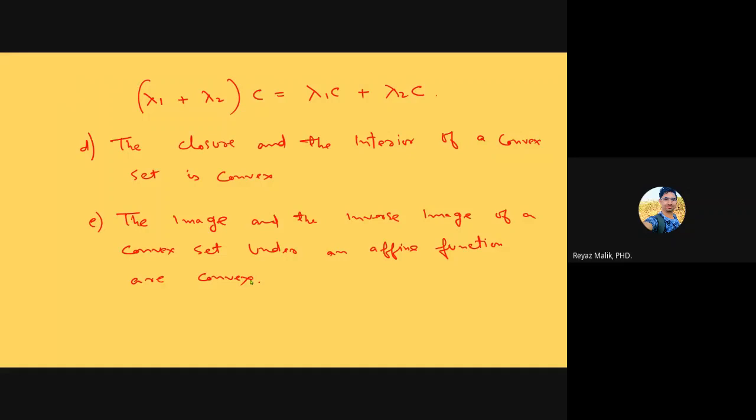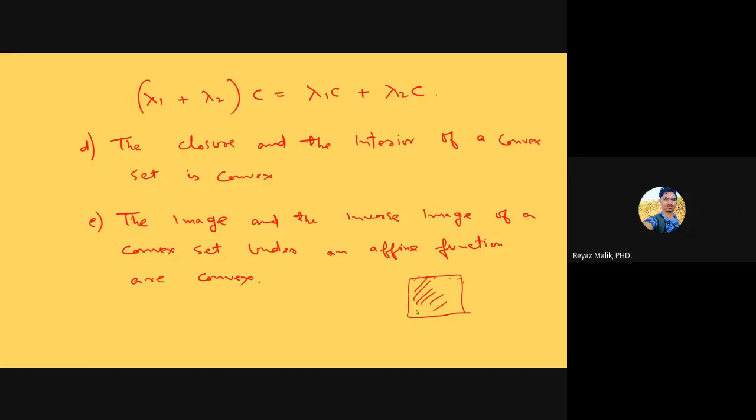Closure and interior means like this: when we have a graph, for example, it is under the boundary of this function. So this is the boundary, and closure and interior. Interior will be treated as like this. The interior of a convex set is convex.